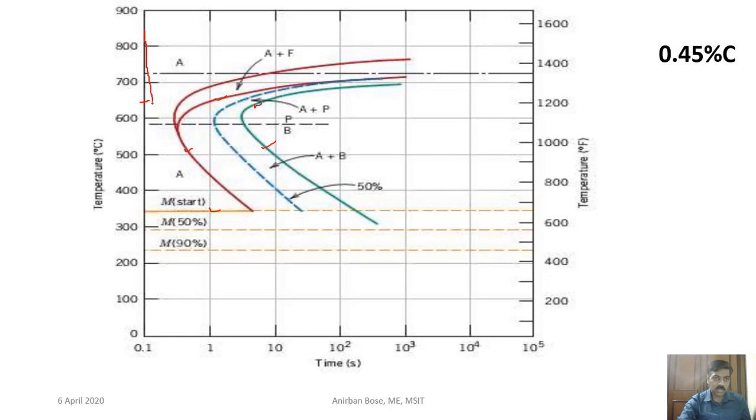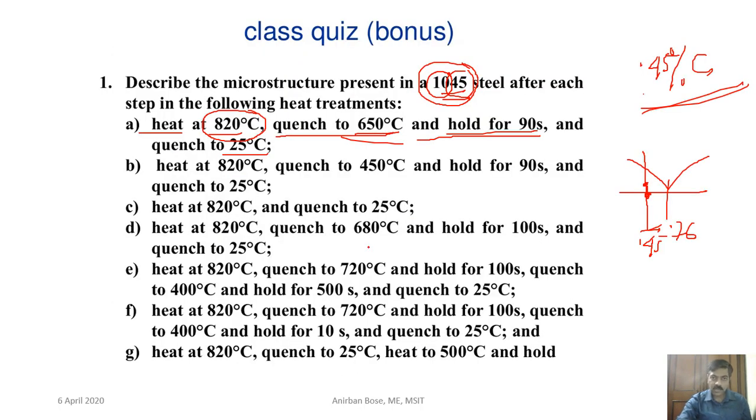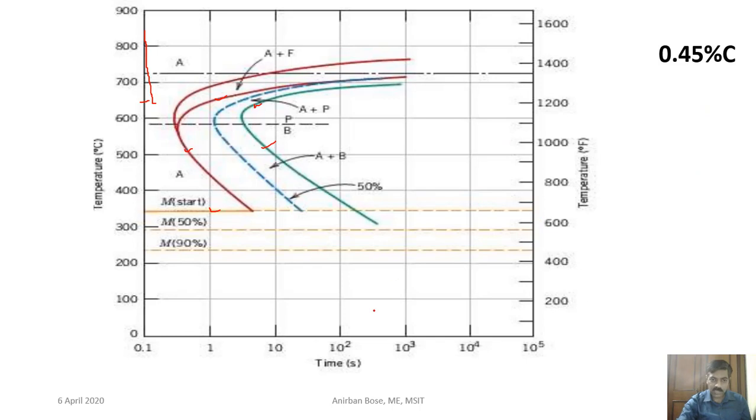Suppose you come to this position, and then you hold for 90 seconds. Where is 90? This is 100 seconds, right? At 650, 90 seconds means maybe here. So you are here.